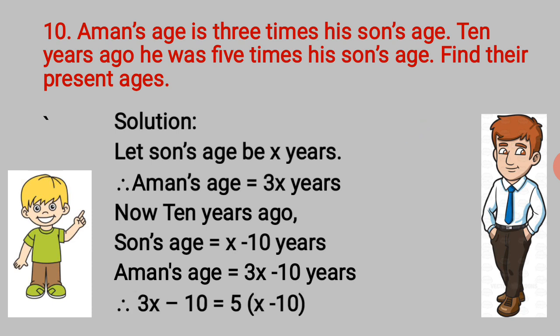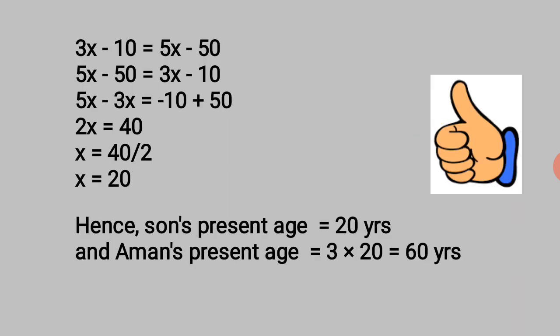Children, now the relation between these two ages, it is told the father is 5 times the son. So the father's age, that is Aman's age, 3x minus 10, is equal to 5 times x minus 10. Now solve it and get the value of both the ages.